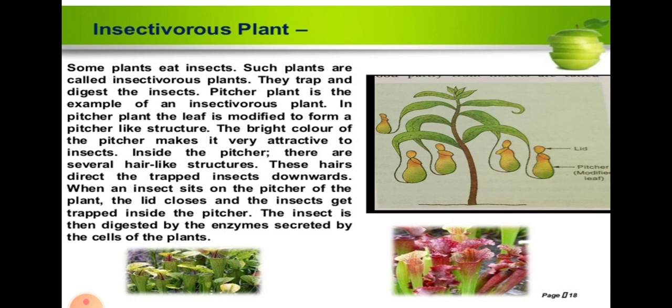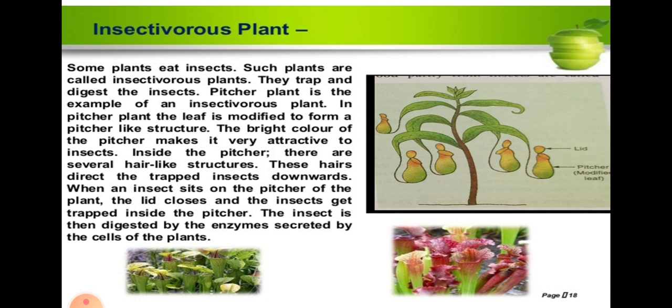Next is insectivorous plants. Some plants eat insects. Such plants are called insectivorous, meaning they trap and digest insects. Pitcher plant is an example of an insectivorous plant.